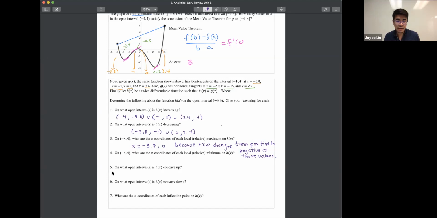So remember, concave up is when f double prime is positive. Right, and f double prime is positive when my f prime is increasing.